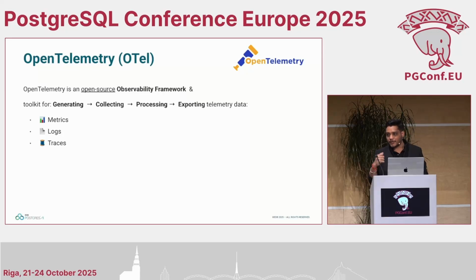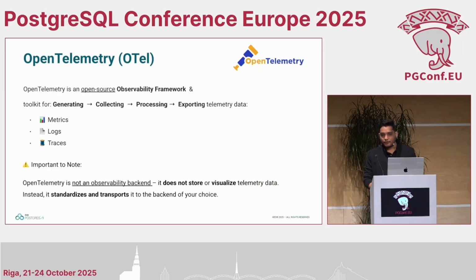First of all, we need to generate the data by making our system observable. Then we need to collect this data in a single place so that we can do some processing, to add labels, categorize our metrics and logs, or unify them using a correlation ID or something like that. And then finally, we can export this telemetry data to the observability backend of our choice.